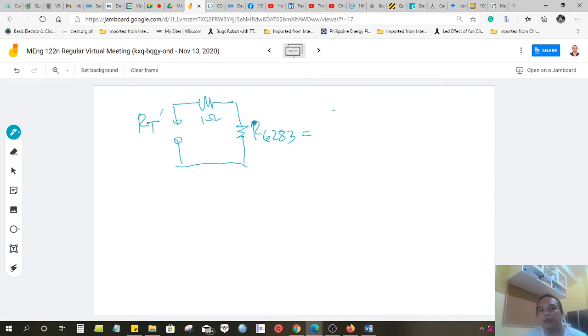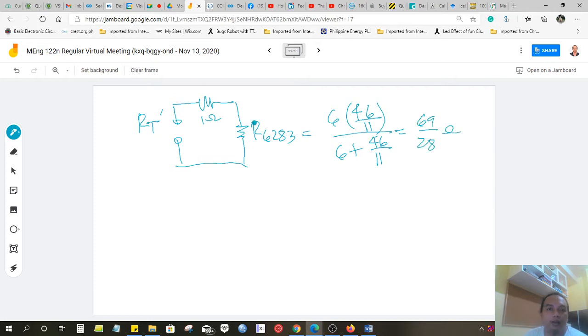This is 6 times 46 over 11, divided by 6 plus 46 over 11. So that is 69 over 28 ohms.